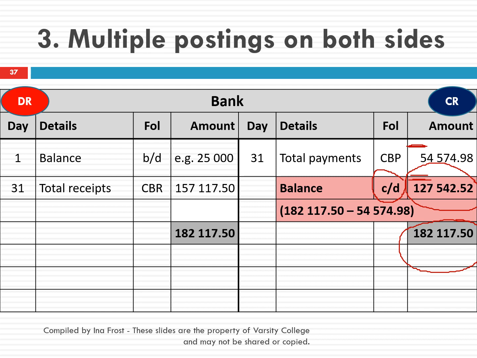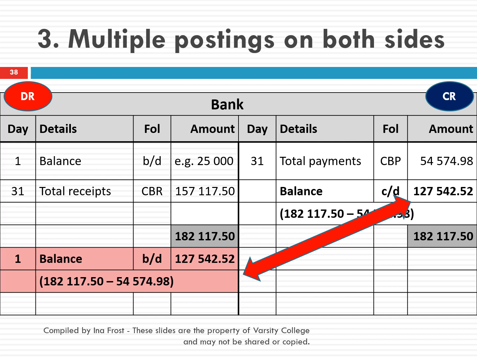And then the last thing to do is I take that balance that I've now calculated and I take it to the opposite side of the general ledger account so that it can become my opening balance in the next month.